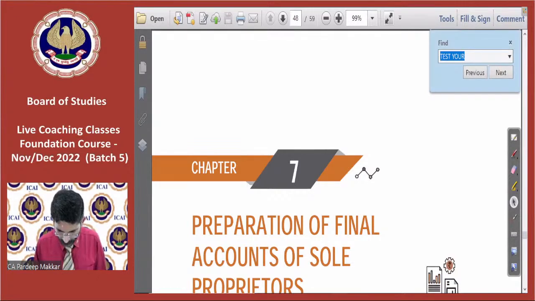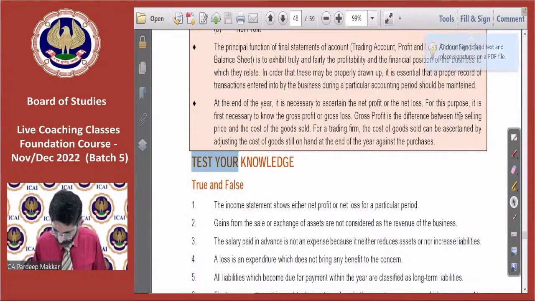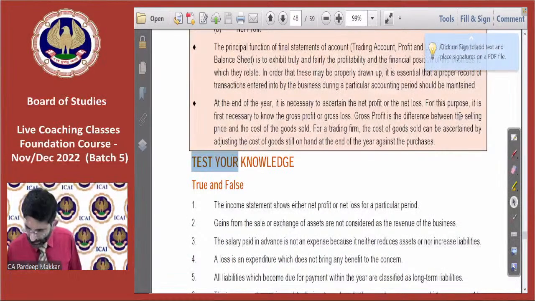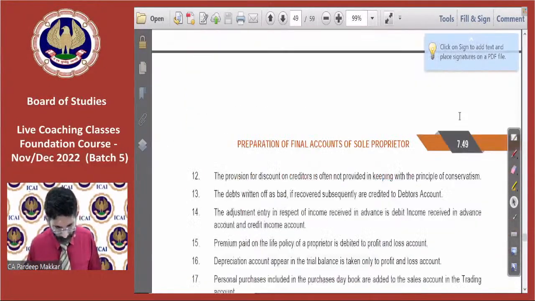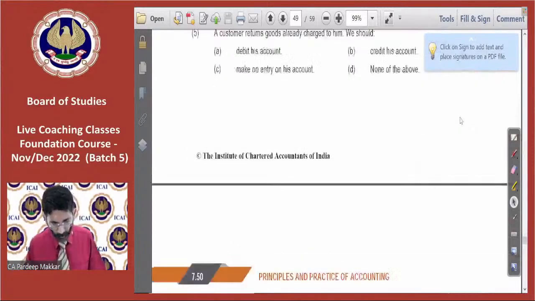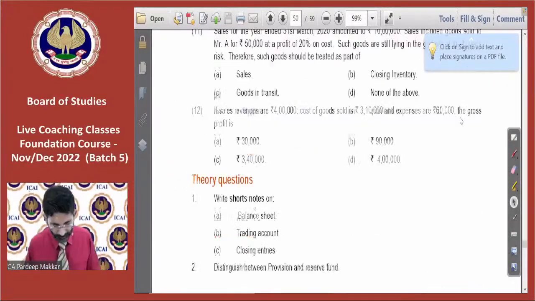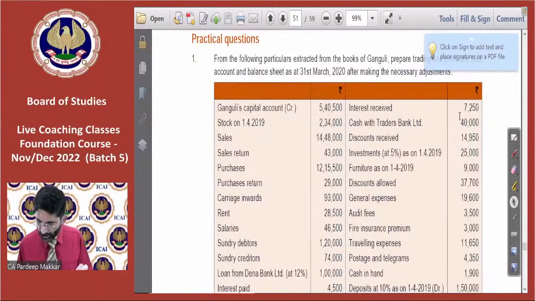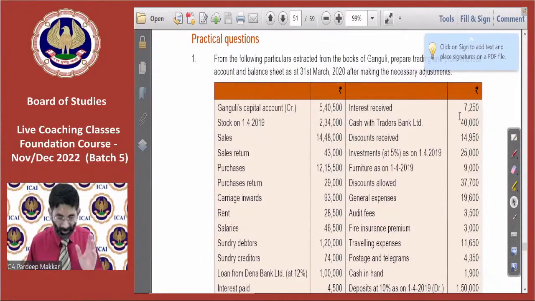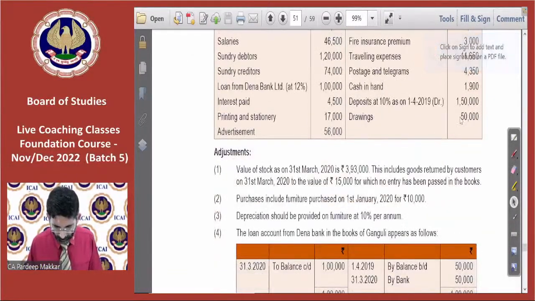So test your knowledge, practical question number 1 of non-manufacturing entities. In this, he says 20,000 is not recorded on debtor side in balance sheet. Why? Let's see what this 20,000 is.